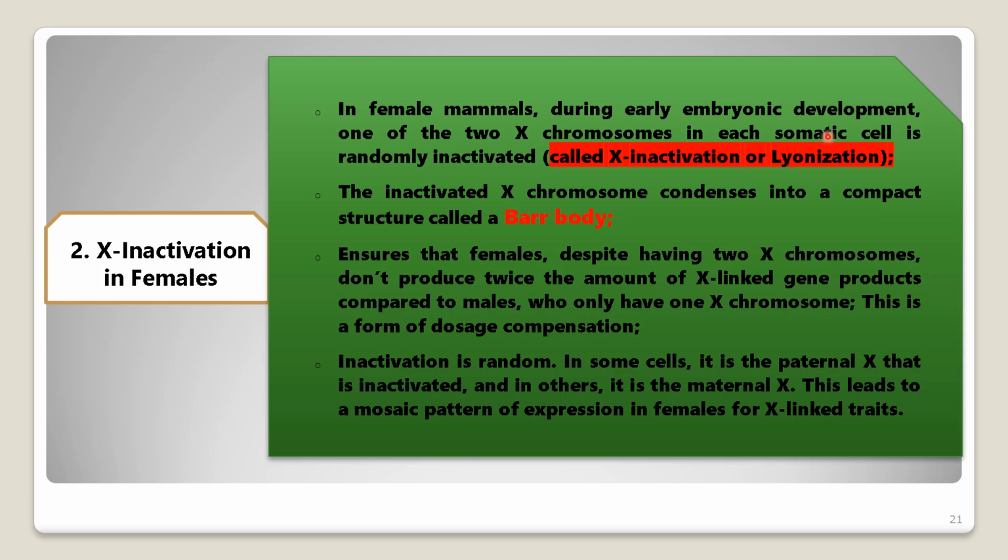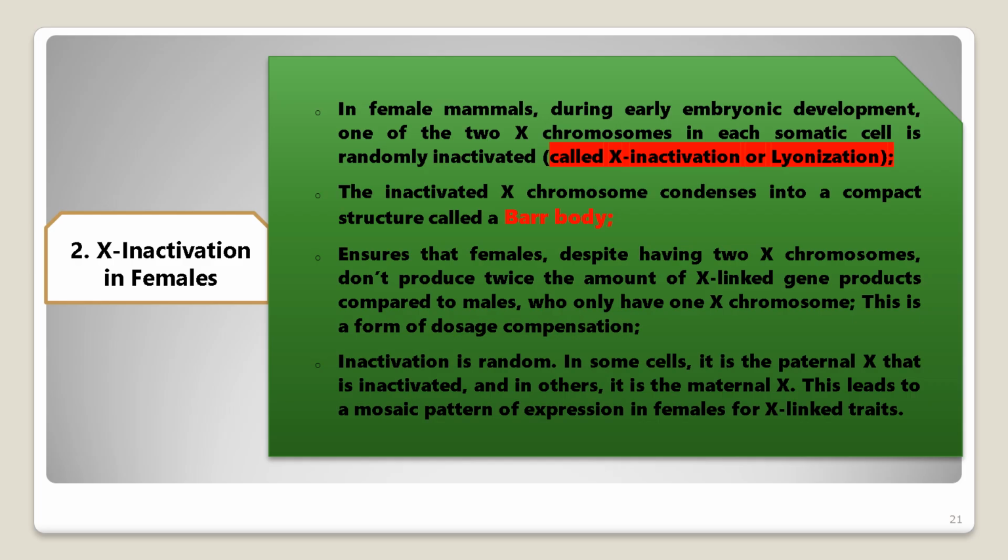The inactivated X chromosome will thereafter condense into a compact structure called a Barr body, and this ensures that females, despite having two X chromosomes, do not produce twice the amount of X-linked gene products compared to males who only have one X chromosome. So this is a form of dosage compensation. This is nature's way of preventing the overproduction of X-linked gene products from the X chromosome.